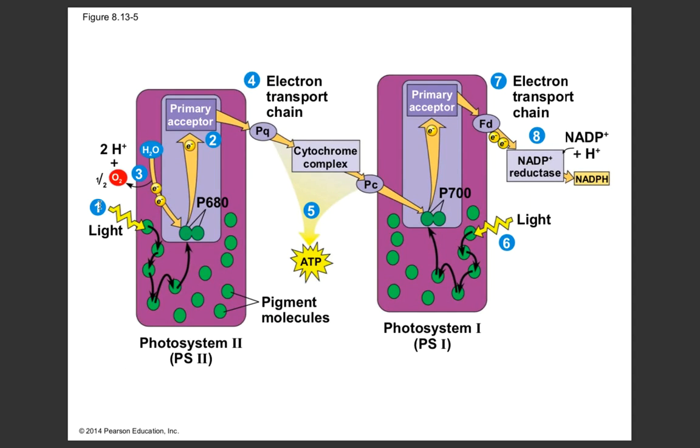You got light coming in, all of the chlorophyll molecules bouncing around, all the electrons getting excited and passing them down. Then the reaction center, P680, is going to accept those electrons. Then we have the splitting of water and the release of oxygen. And then look at what we have to go through next. Wow. It's a lot.